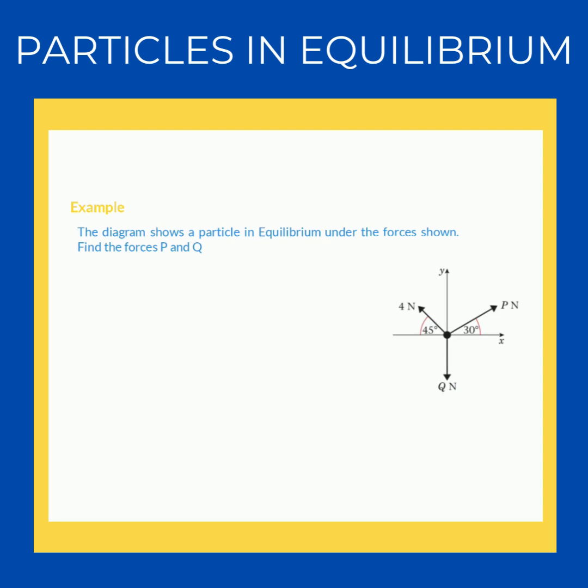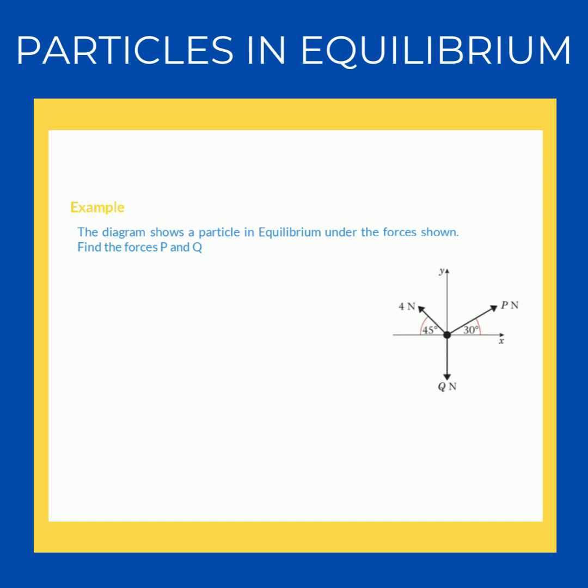Now, how do I know that the particle is at rest? It's very clear in the question that the particle is in equilibrium. In equilibrium means the particle does not move and it's at rest. So whenever we have a question and the particle is at rest or in equilibrium, we need to follow the four steps that I just explained.